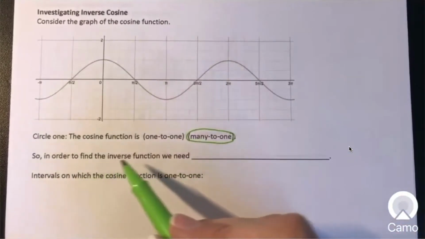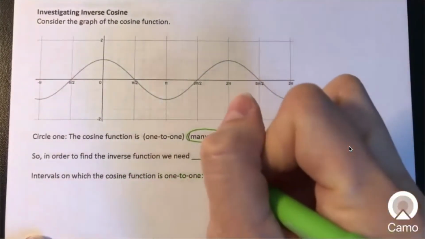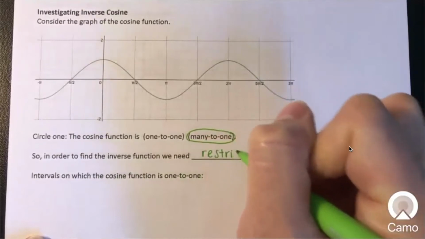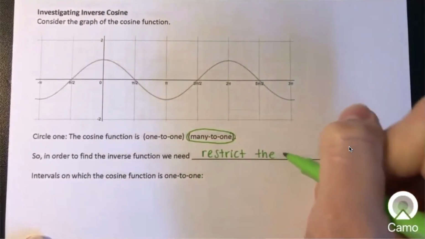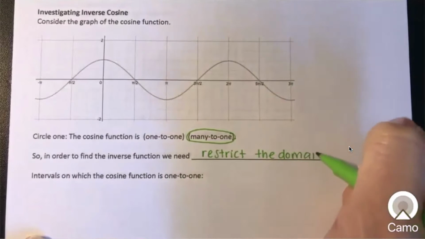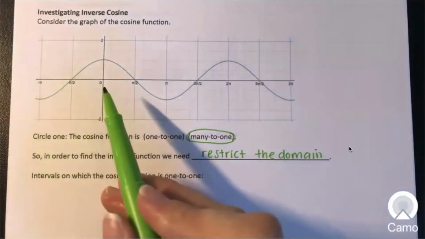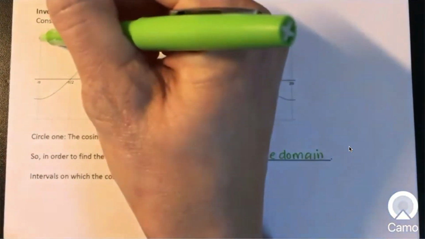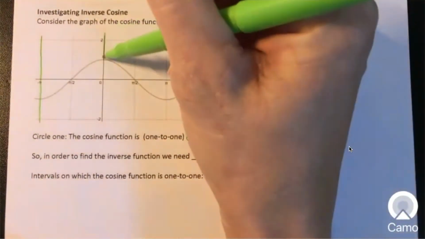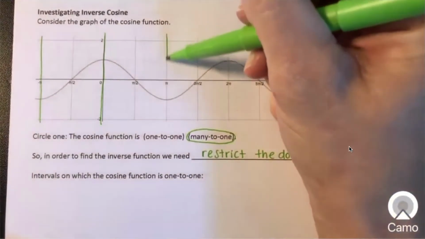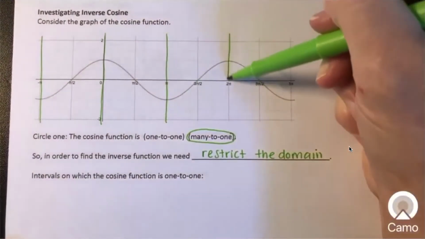So in order to find the inverse function, we need to restrict the domain of our cosine function. If we consider where on our function the interval will be 1 to 1, we can look at our max and mins like we did with our sine function and split it into intervals at those points.